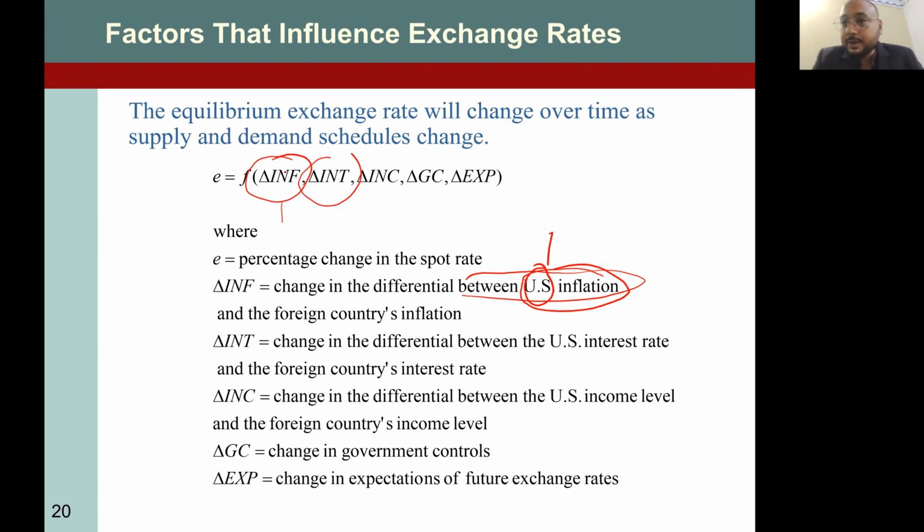Then relative interest rates, income level, government expenditures, and the last one is expectations: changes in expectations, changes in government controls, relative change in income level between two countries, relative change in interest rate, and relative inflation change between the countries, right?